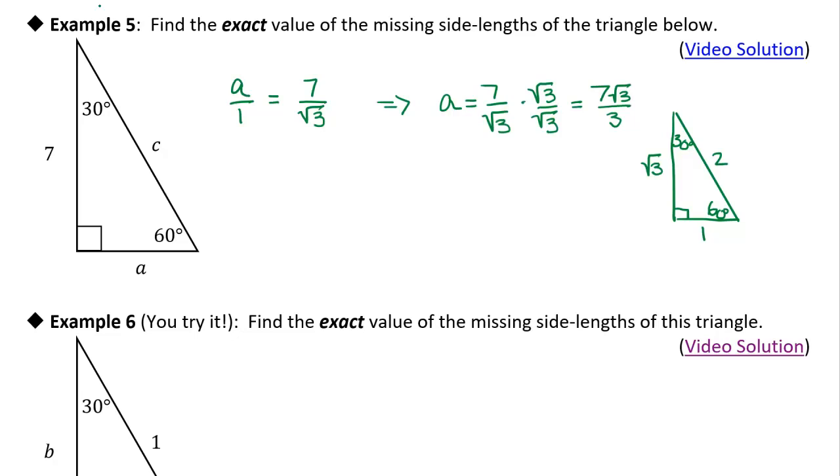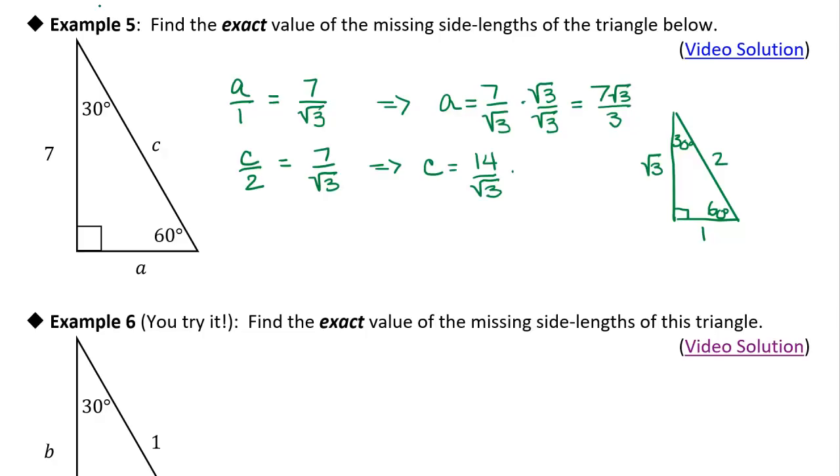Now we're going to find side C, the hypotenuse. So C over 2, taking the corresponding sides, is equal to 7 over the square root of 3 again. Now I'm going to solve for C. All I need to do is multiply both sides by 2, so C is equal to 14 over the square root of 3, just like multiplying by 2 over 1.